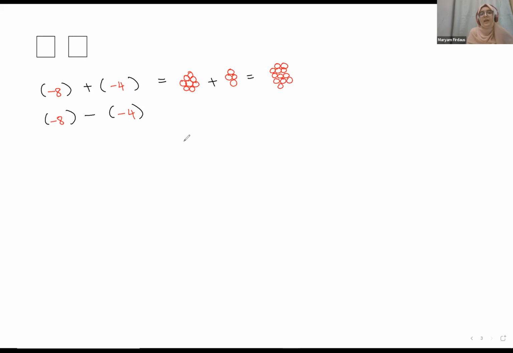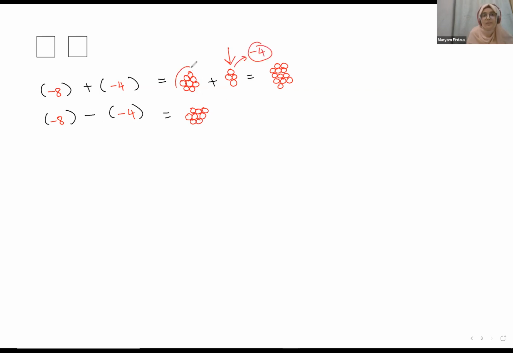Now let's say I have -8. 1, 2, 3, 4, 5, 6, 7, and 8. And I am subtracting from it -4. What is -4 once again? This whole quantity is -4.